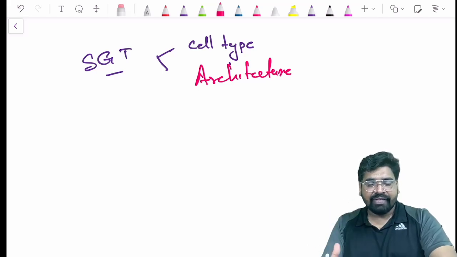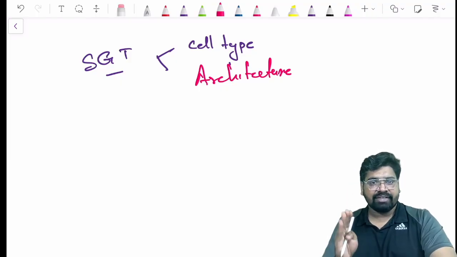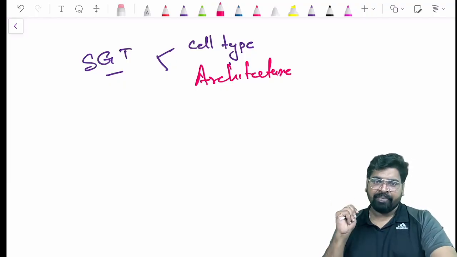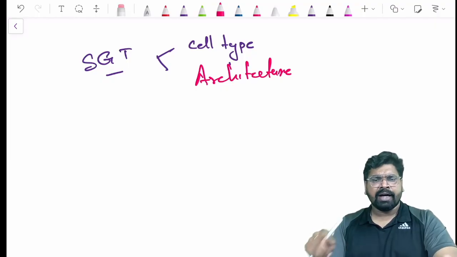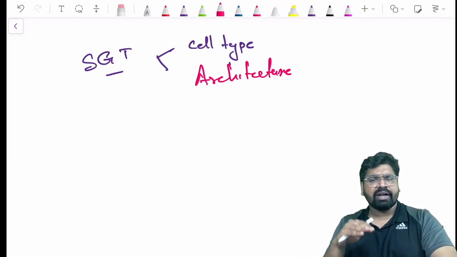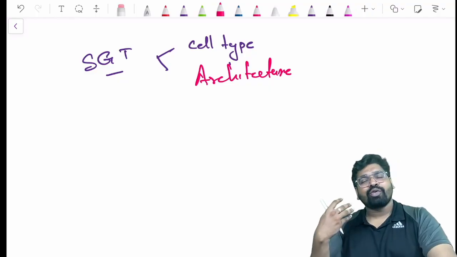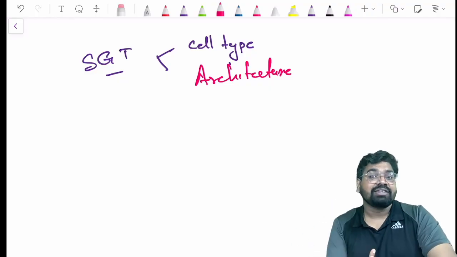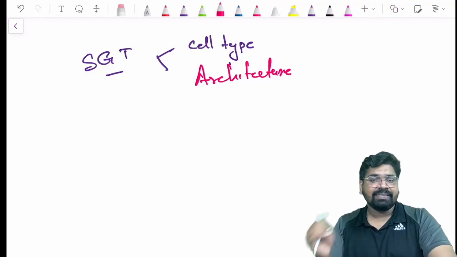So in salivary gland tumors, you have to see two things: which cell it is, luminal, abluminal or mixed, and the architecture. Are they arranged in a honeycomb pattern, a Swiss cheese pattern, a tubular pattern, a trabecular pattern, a cribriform pattern, a party wall pattern? You have so many pattern names. That is architecture, and you will see that in the classes.